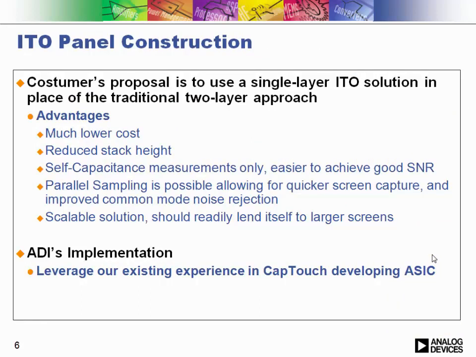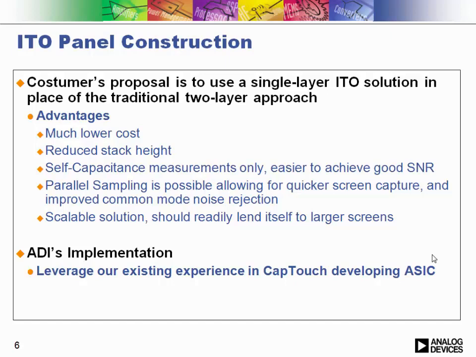So we had a customer that builds these ITO screens and wanted us to design an ASIC for them. What they proposed is a single layer ITO. In most phones, it's a 2-layer ITO, and you measure capacitance between these 2 layers.